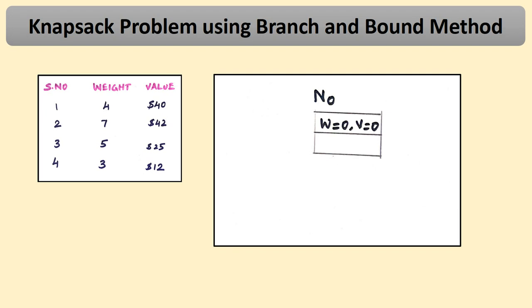First level is root. That means we will represent it as node 0. So n will be equal to 0 and w is also 0 and the value is also 0. Now in this case we have to apply the formula and find the upper bound value. Got it?